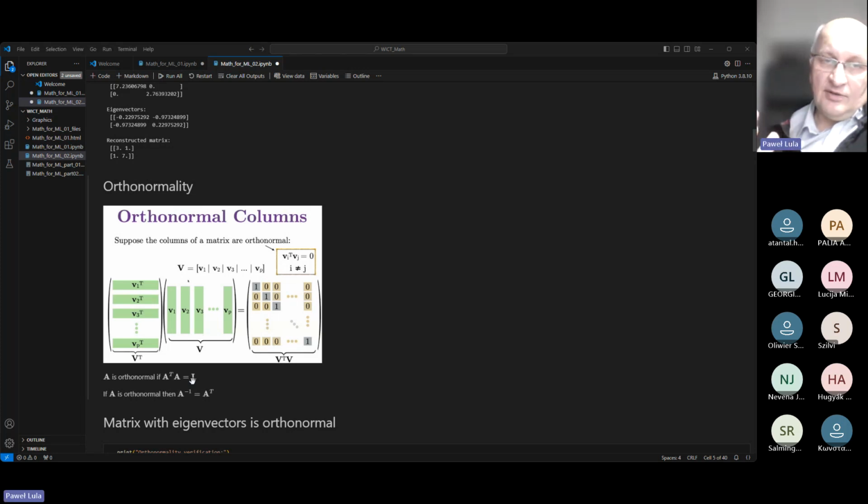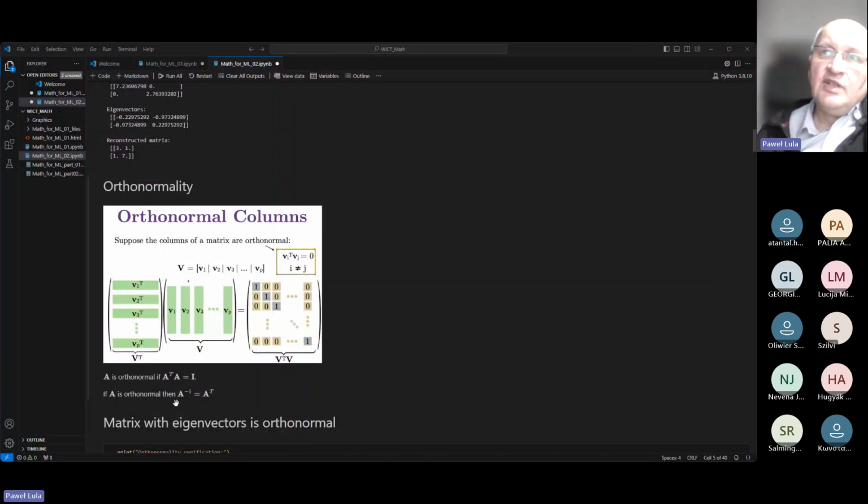We can compare these two rules, and we can say that for matrices in which we have orthonormal columns, matrix after transposition is equal to the matrix which we can obtain after inversion.